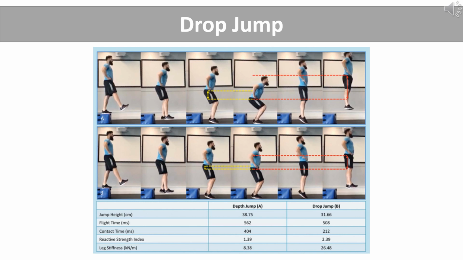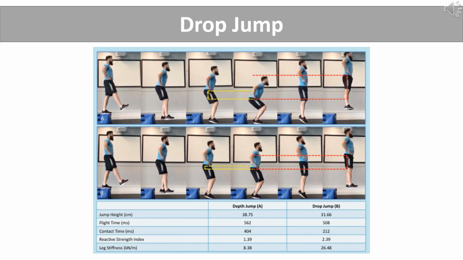Now, as a consequence of that, whilst jump height might be higher, reactive strength index, which is jump height divided by contact time, which is often the outcome measure used from drop jump testing, is actually much, much higher in the test where we don't jump as high, but we focus on getting off the ground as quickly as possible. So you can see that, yes, I jump about 7 centimeters higher, but I spend half the time on the floor in the drop jump in this second row of images.